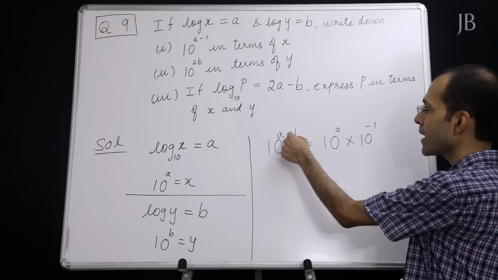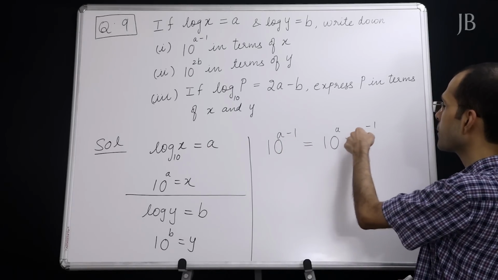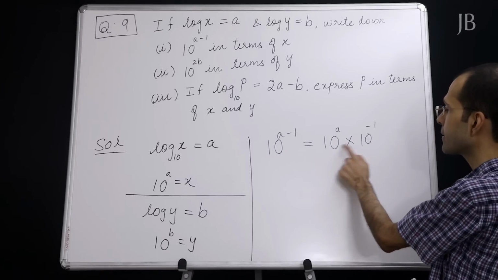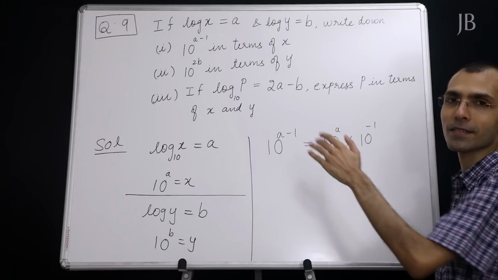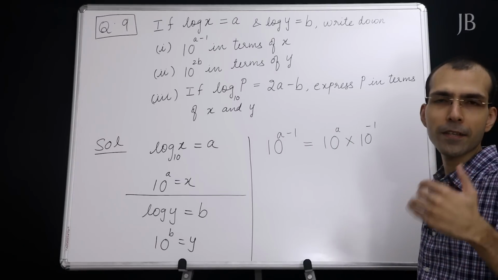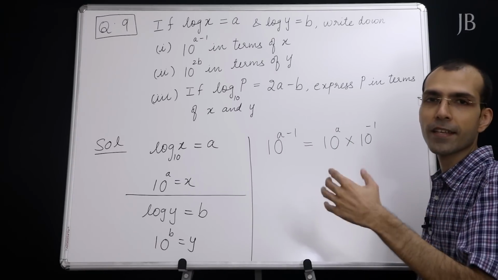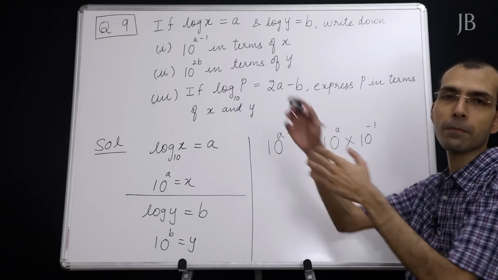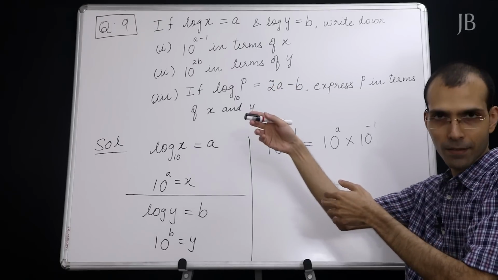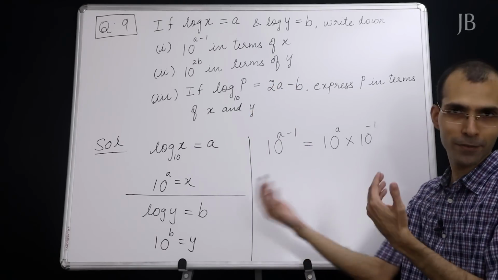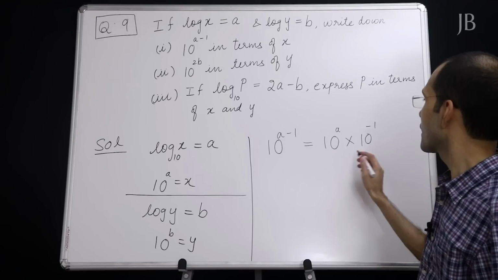So 10 raised to a minus 1 will be 10 raised to a into 10 raised to minus 1. If bases are same, powers can be added. So a plus minus 1 is a minus 1. Reverse. You remember the law? A raised to m into a raised to n is a raised to m plus n. Conversely, a raised to m plus n will be a raised to m into a raised to n. So we are doing that.